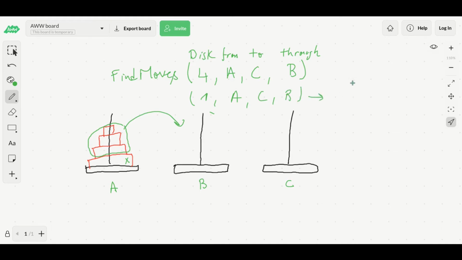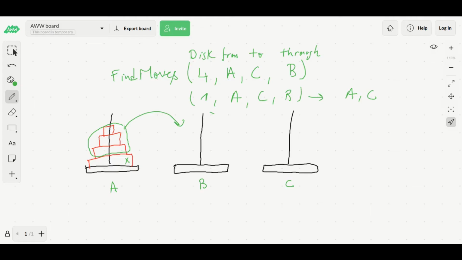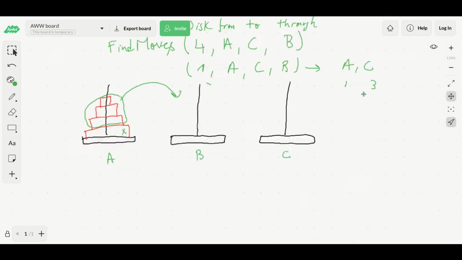This should only output AC, that is, move this disk from A to C. And they actually want us to print numbers, so we'd rather name these. If you see AC here, this means 1, 3. So if we only had one disk, we'd simply move it from 1 to 3. And this is what happens actually here.